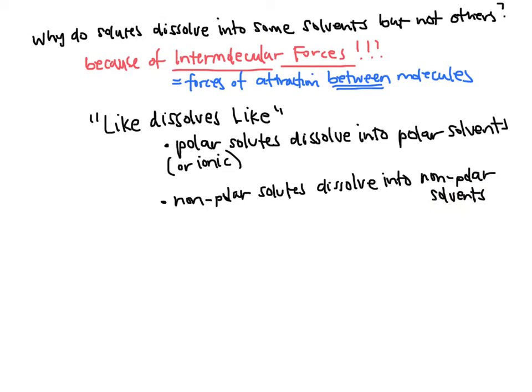So if you're trying to dissolve something like wax out of something, you're not going to get it with water, because wax molecules aren't interested or attracted to water molecules, and vice versa. Water is not attracted to wax. And so they're not going to mix or be miscible. So water wouldn't dissolve wax. If you want to get wax out of something, you've got to use a solvent that would work. Carbon tetrachloride is a solvent that would get wax out of something.